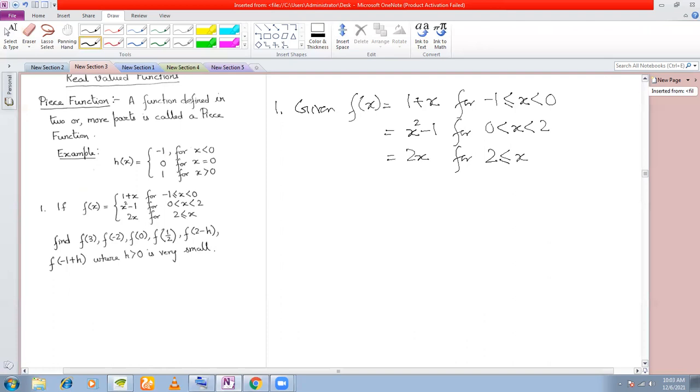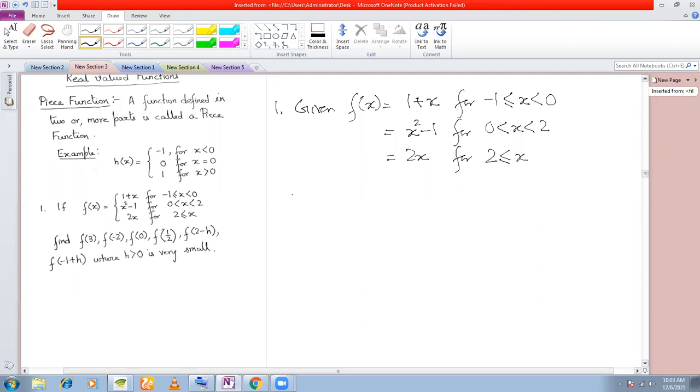So f(x) is 1 plus x, where x lies between minus 1 and 0, minus 1 inclusive, and is equal to x square minus 1 when x lies between 0 and 2, and is equal to 2x when x is greater than or equal to 2. Okay, you need to find these values f(3), f(minus 2), and so on.